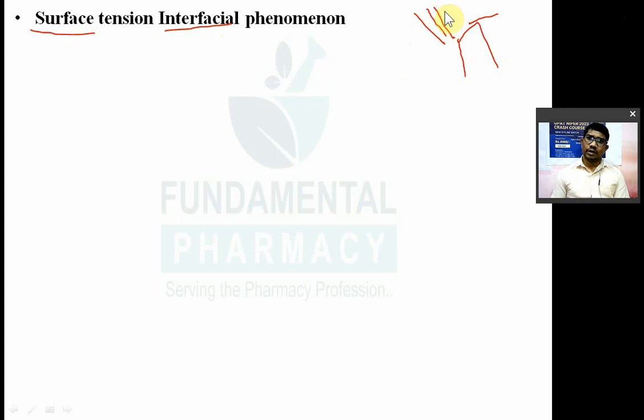But if it is a boundary between air and solid, if one phase is solid and one phase is gaseous, or for example in foam you have liquid and gaseous phase, then here there is the existence of a surface.